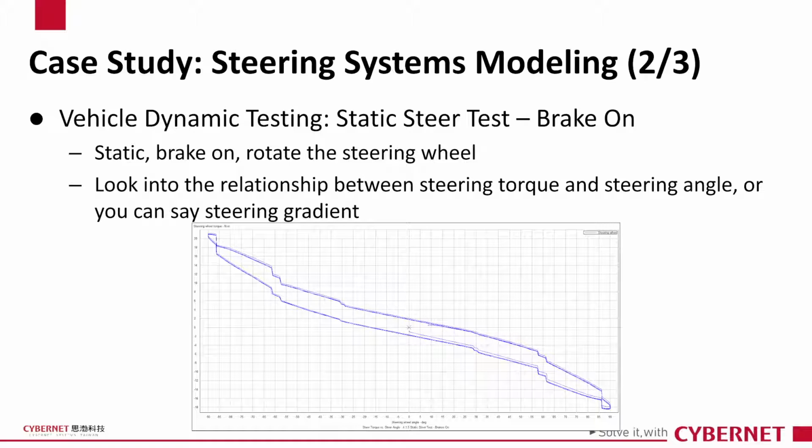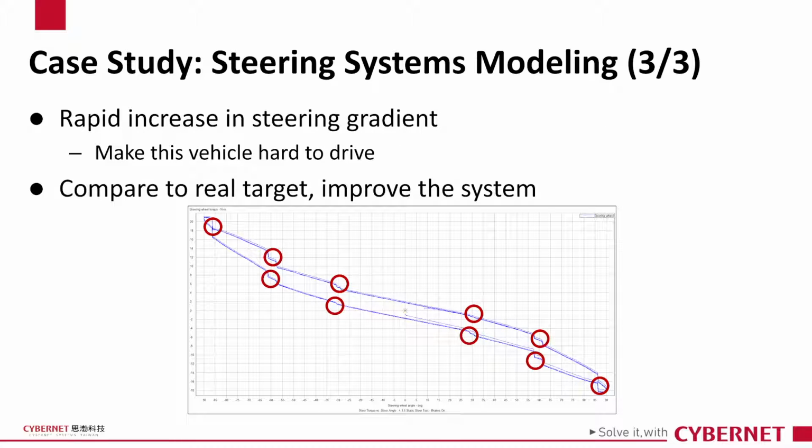In vehicle dynamics, we call it the steering gradient. The steering gradient shows whether the steering wheel is good to drive. As you can see, we have lots of rapid increases and decreases in steering gradient. This makes the vehicle hard to drive. For a customer who is starting autonomous vehicle development, this helps them find the problem.